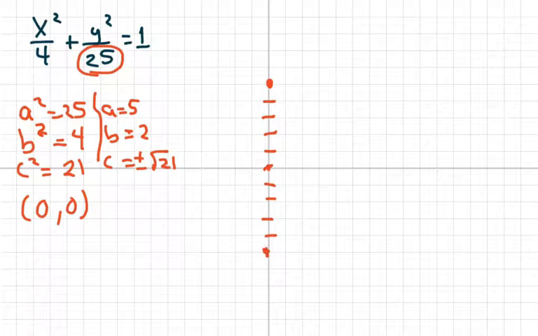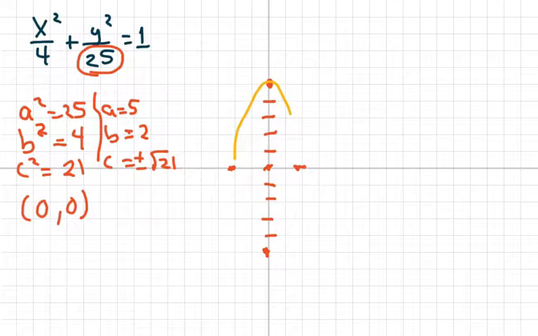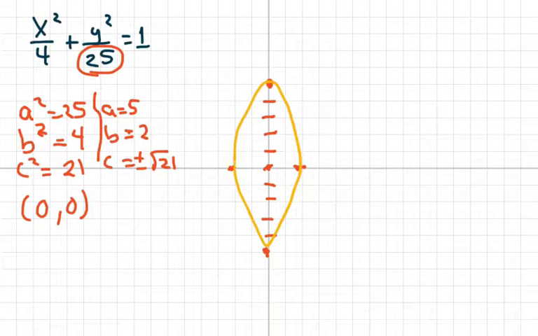And on my x, which is my minor axis, my horizontal axis, I'm going to go over 2 back and forth. So I'm going to attempt to draw this. I call it a standing egg when the major axis is vertical. And there's your ellipse. Looks something like this. Should make it a little rounder here.